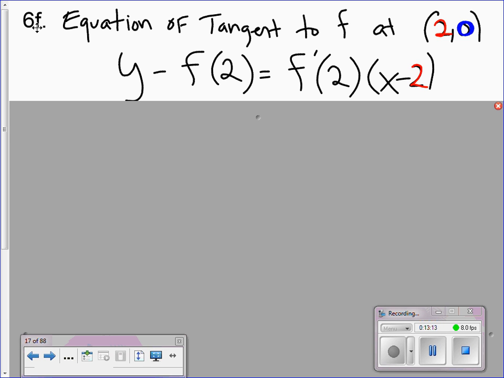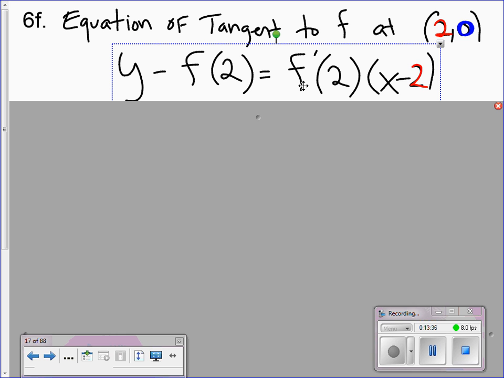To get y1, you plug the given x value into the function. To get the slope, you plug the given x value into the derivative. All right, so f of 2, what's that? That's just 0, right? That's what they gave us.